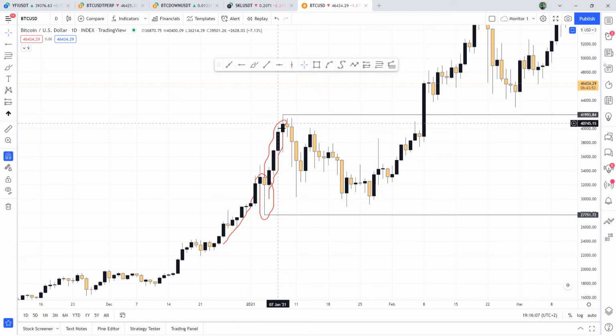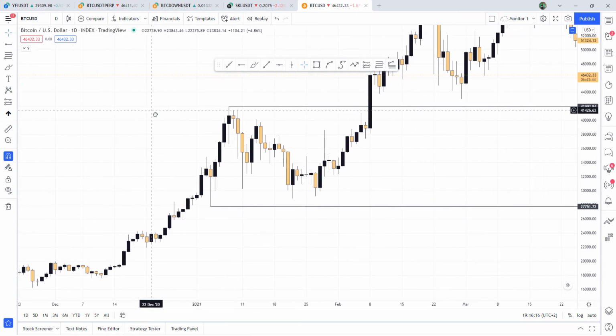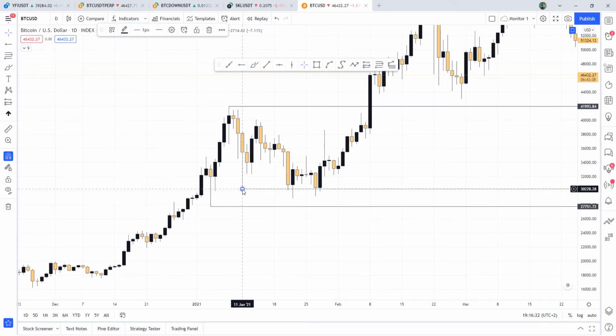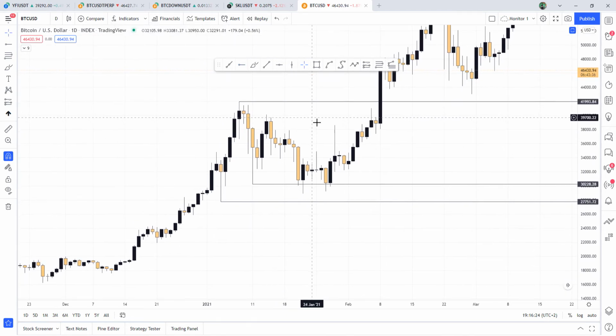Where it stops the move up, you mark it as resistance, and where it stops the move down, you mark it as support. Here it goes down and stops, and you mark this level as support.